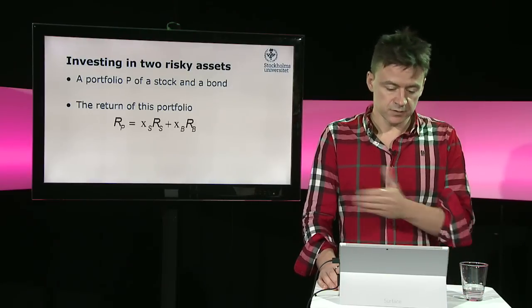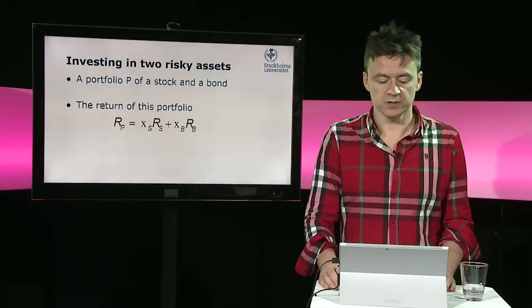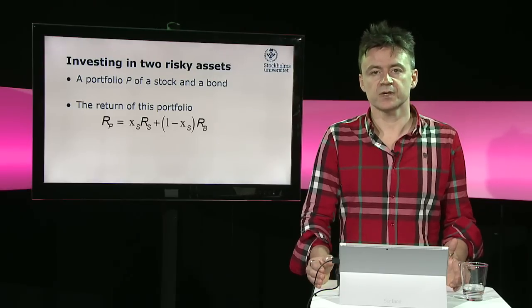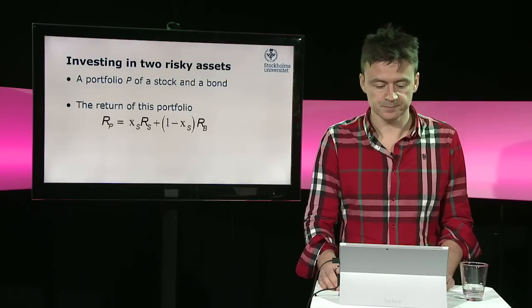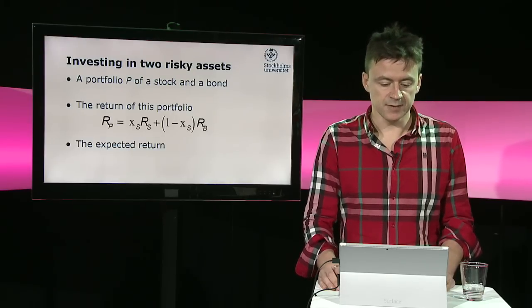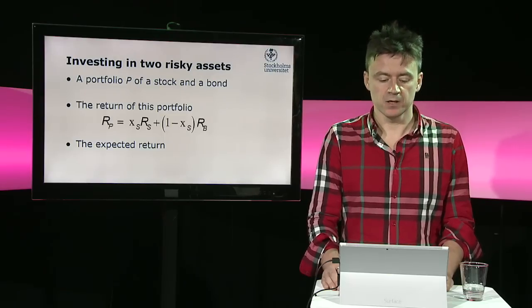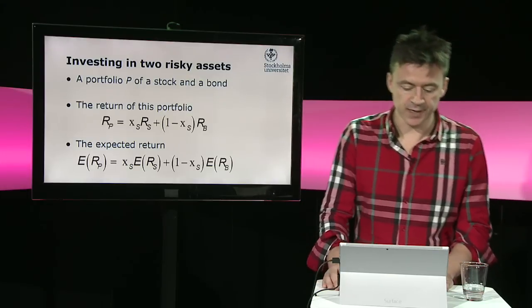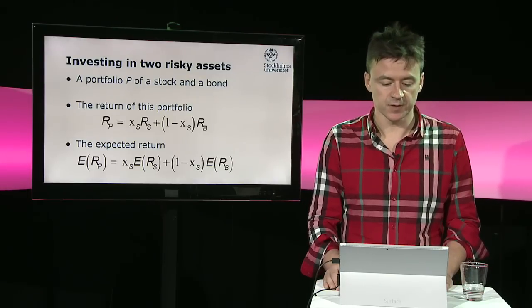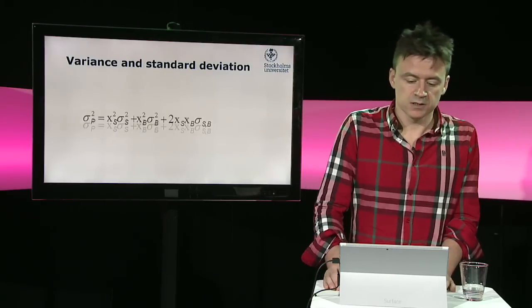Now, of course, since the two weights need to add up to 1, we can write the expression of the return in terms of the weight on the stock only. Now, the expected return of one such portfolio will be given by an expression that we're now familiar enough with to derive ourselves. Now, what about the variance and the standard deviation?